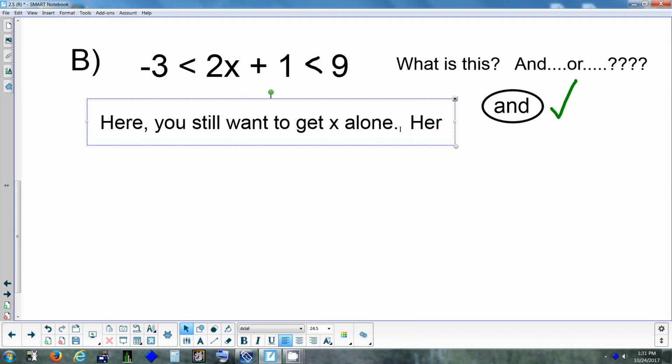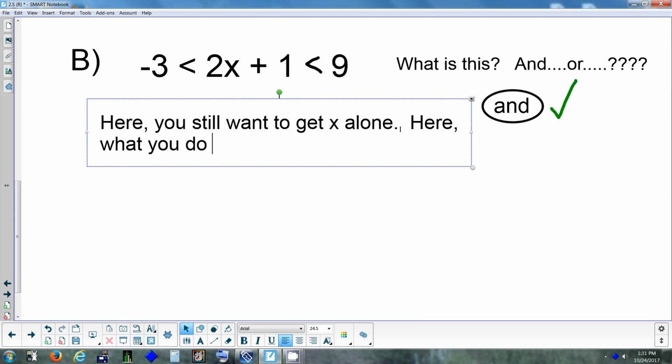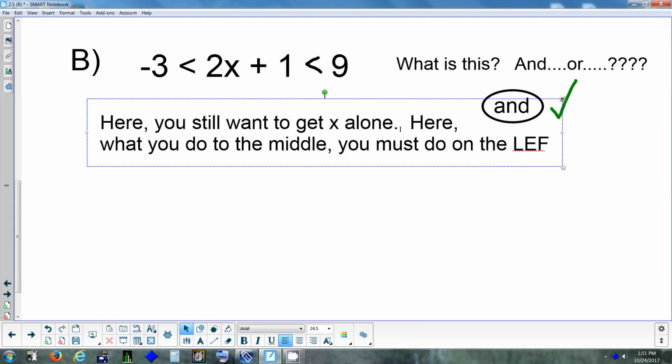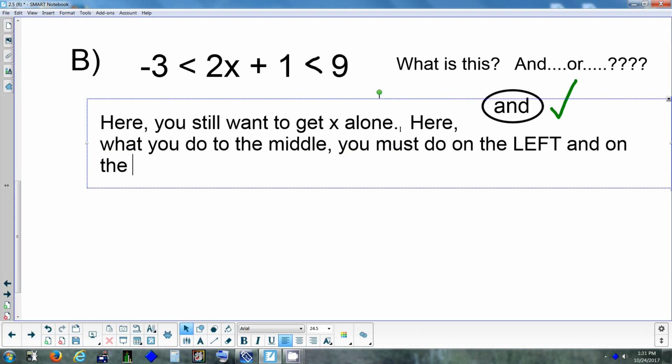The same thing on the other. Now here, we have 2 signs, this one and this one. So whatever we do in the middle, we have to do on the outside as well. I know that might have just blown your mind, but when I show you, it'll make sense.